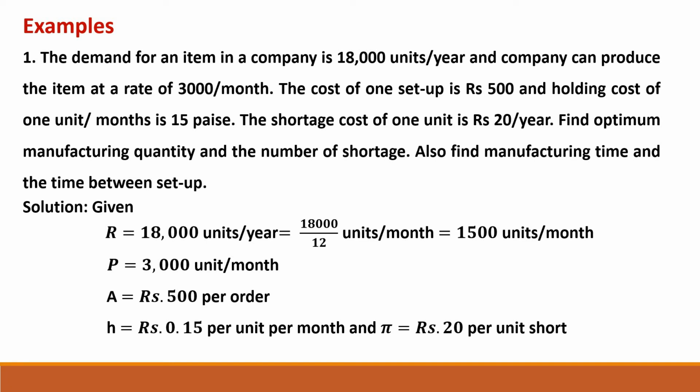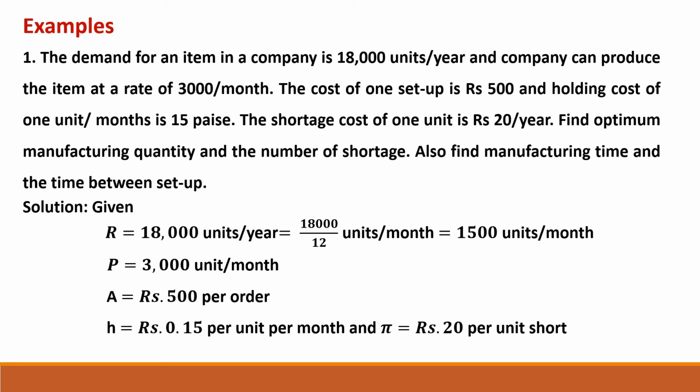So what is given? Demand rate R is equal to 18,000 per year. We need to convert into per month because production rate is given in months. So 18,000 by 12 gives 1500 units per month as demand rate. Production rate is 3,000 units per month.